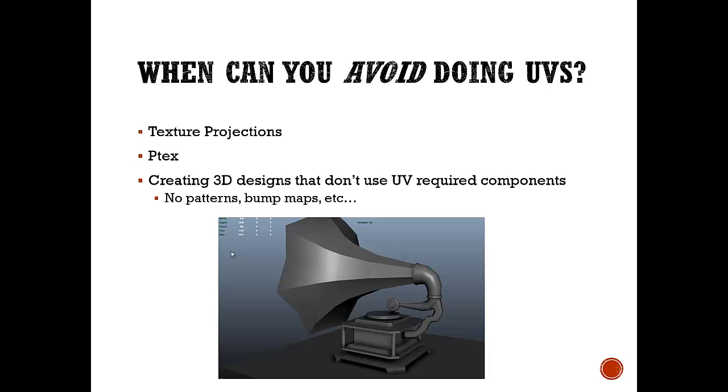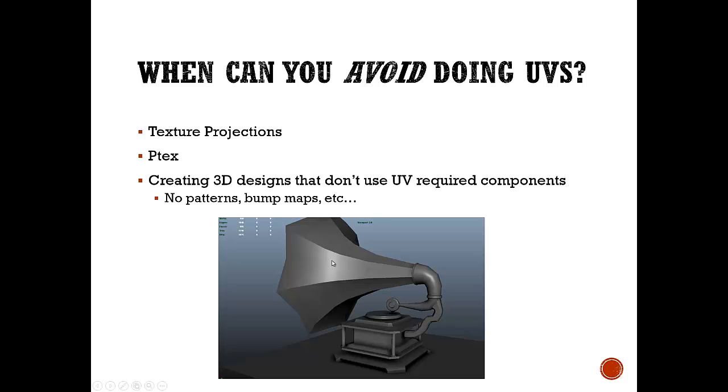When can you avoid doing UVs? Many people hate doing UVs. You can design your 3D objects if you didn't have to have bump mapping or precisely laid out patterns of texture. You could conceivably avoid doing UVs, or you could do a very sloppy job on your UVs.